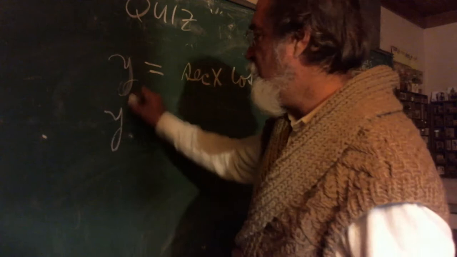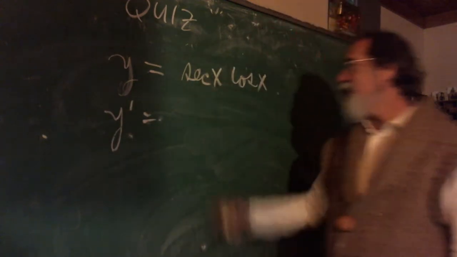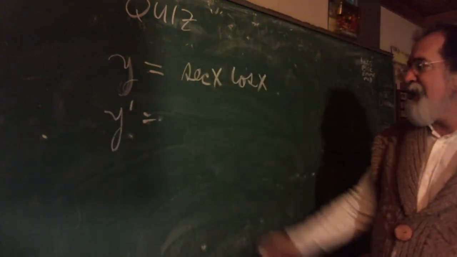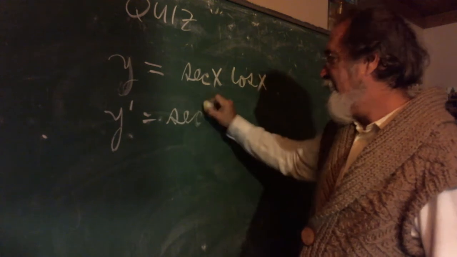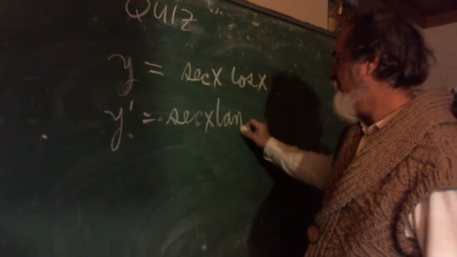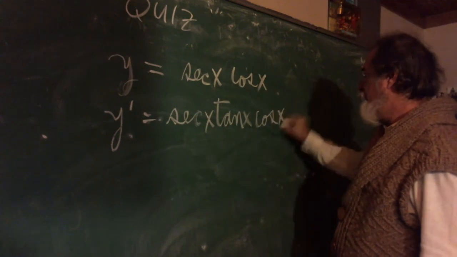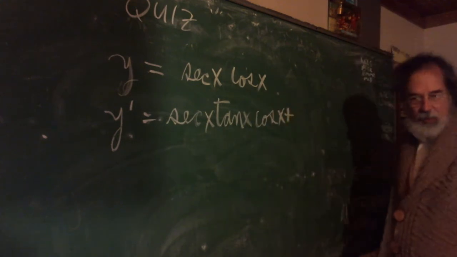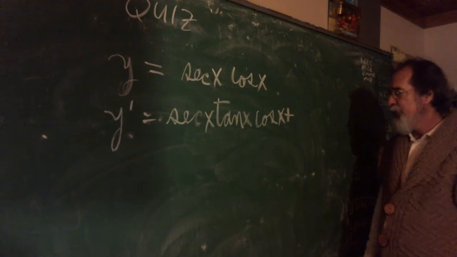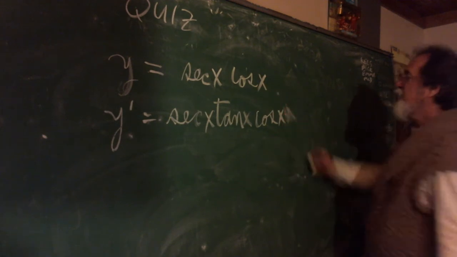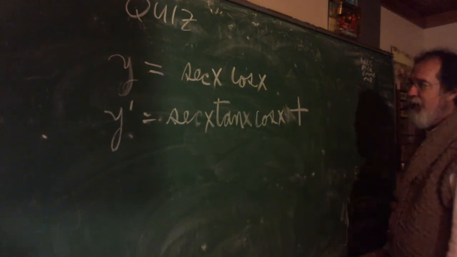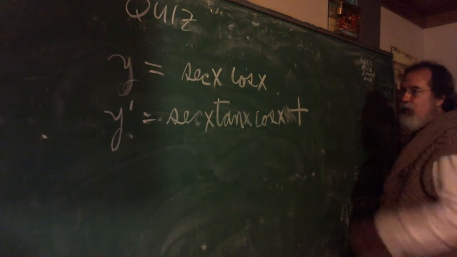Y prime equals the derivative of secant, which is secant tangent, times cosine, with a plus sign because it's product rule. So it's plus.